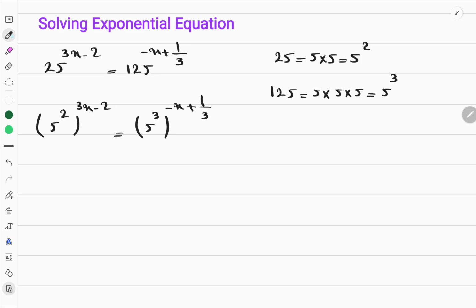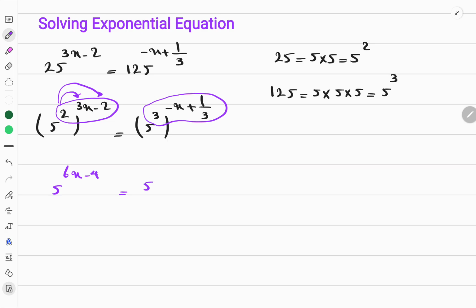And as I said before, we are allowed to multiply powers according to the power rule. 5 to the power of, so you know that 2 should multiply by all terms, which gives you 6x minus 4.